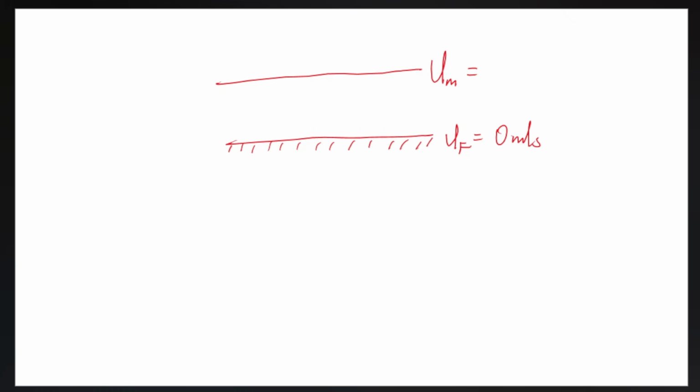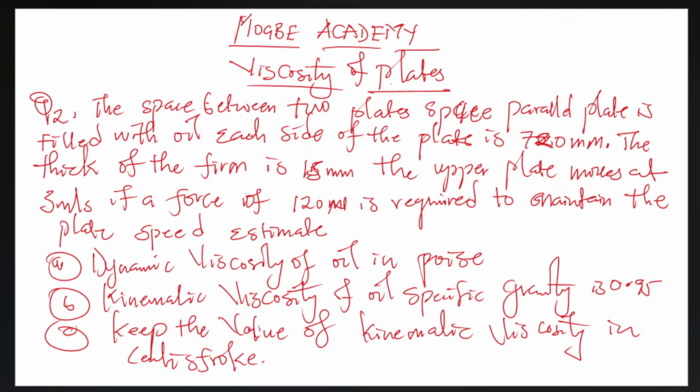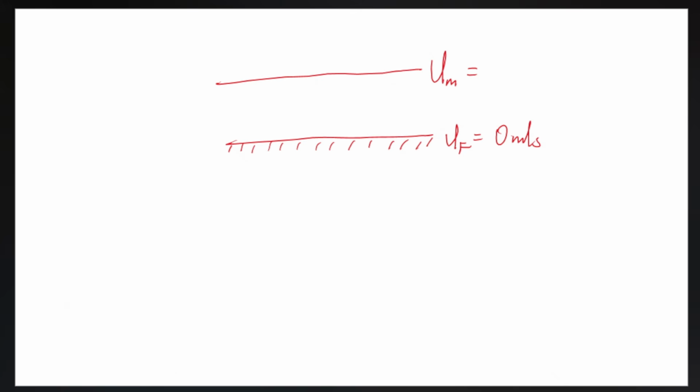But for your moving plate, you will simply have a velocity of 3 meter per second. Now the distance from this plate down to this plate is 15 millimeter.